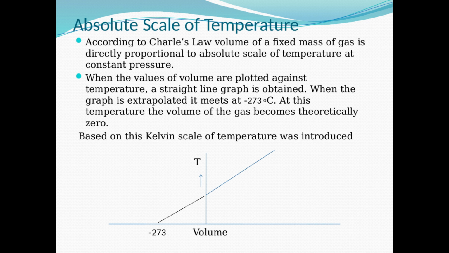When the graph is extrapolated in the negative direction, it meets at a negative temperature of minus 273 degrees Celsius. At this temperature, the volume of the gas theoretically becomes 0. It is called the absolute scale of temperature.